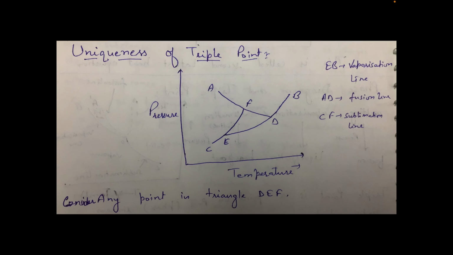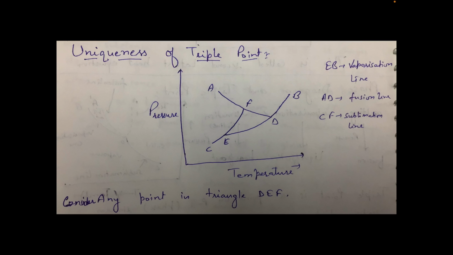AD is the fusion line, below which the substance lies in solid state and above which the substance lies in liquid state. EB is the vaporization line, above which, on the left hand side of EB, the substance is in liquid state, and below EB the substance is in vapor state.